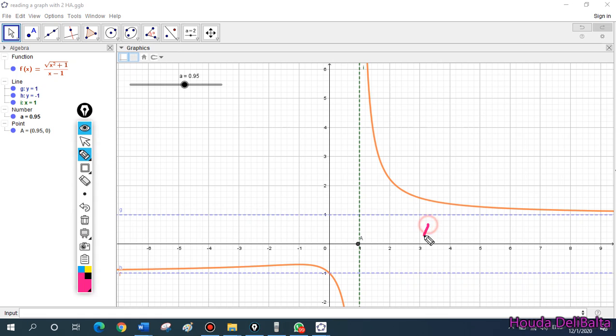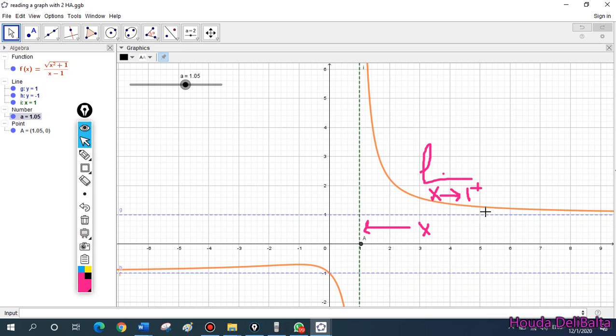As x goes to 1 from the right, we are studying the limit as x goes to 1 plus. When we say x tends to 1 plus, it means x is approaching 1 from the right. Here is the point, and I'm moving it in that region, with values like 1.2, 1.1, 1.05, nearly equal to 1, just a little bit greater than 1.